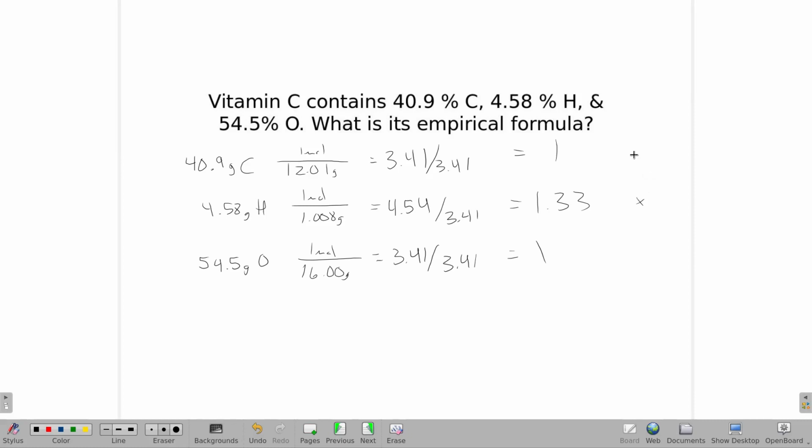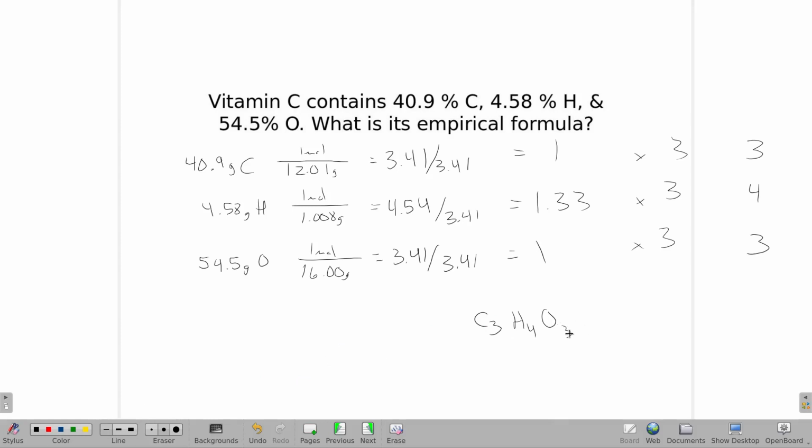We'll multiply all of these by 3 to get rid of that fraction. Gives us an empirical formula of C3H4O3.